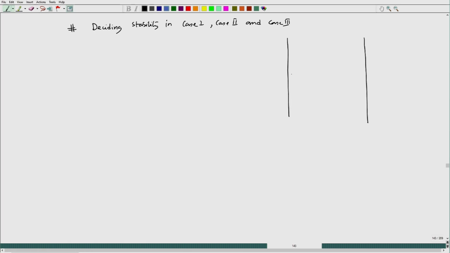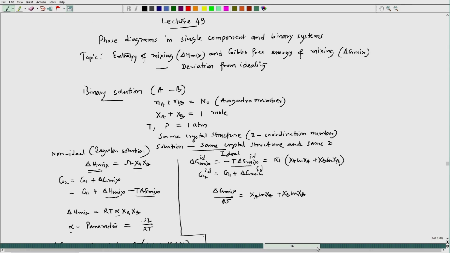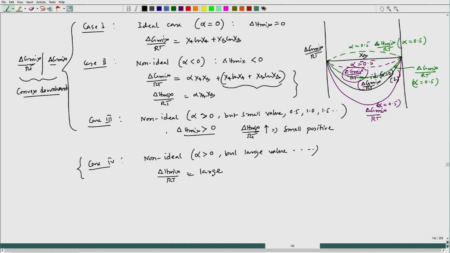The generic plot could be like this. This is 0, and remember, whenever we are plotting this, this is pure B side, this is pure A side. So, that means x A equal to 1, x B equal to 1. Even if I miss that, please understand that the two extreme points are pure metal sides.